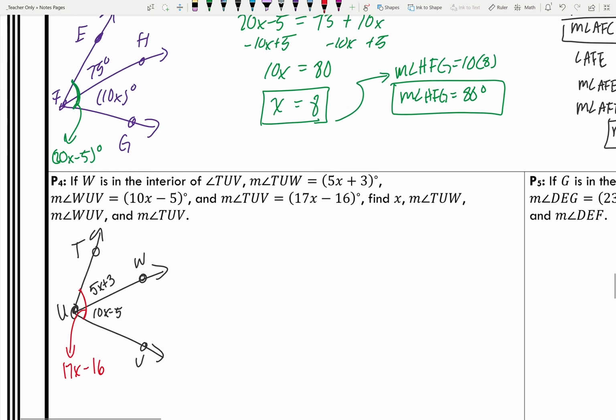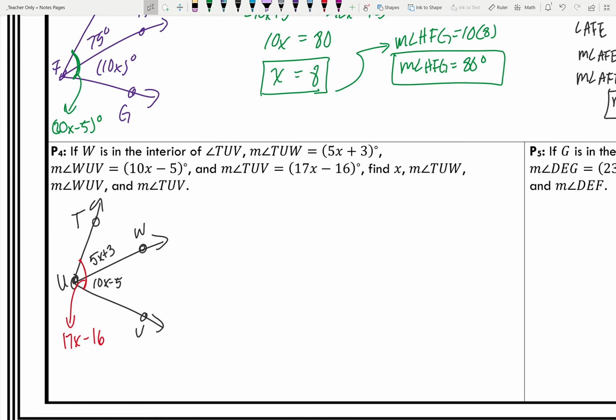Alrighty, so we know that this angle plus this angle equals the entire thing, so 5x plus 3 plus 10x minus 5 is equal to 17x minus 16.